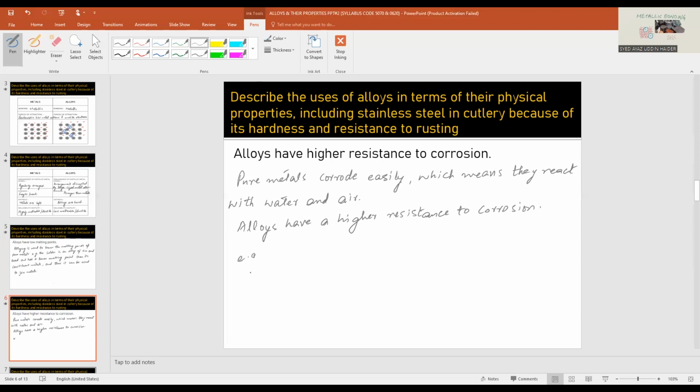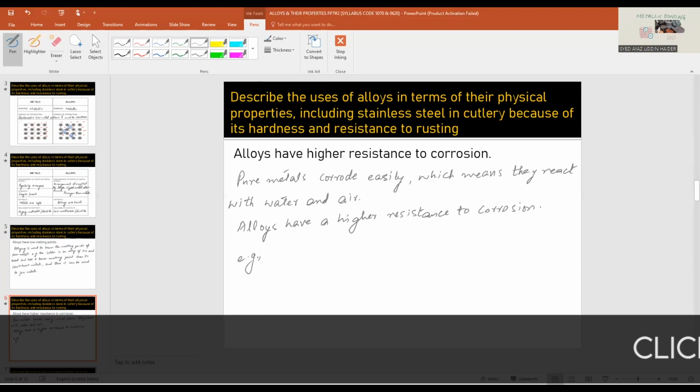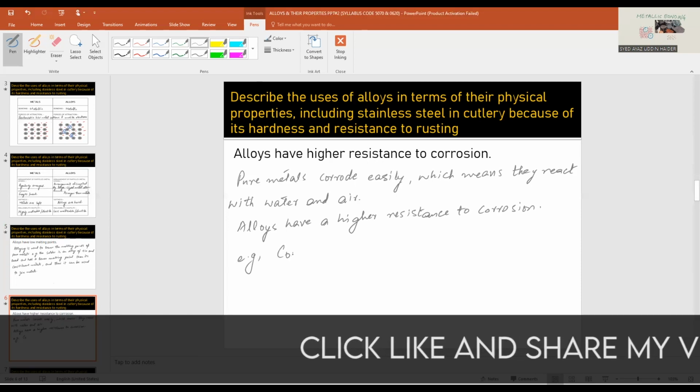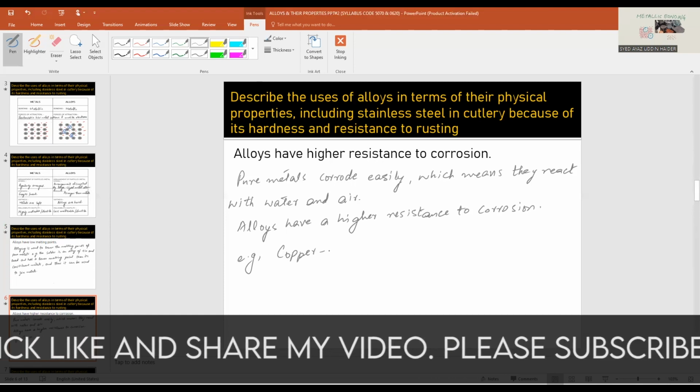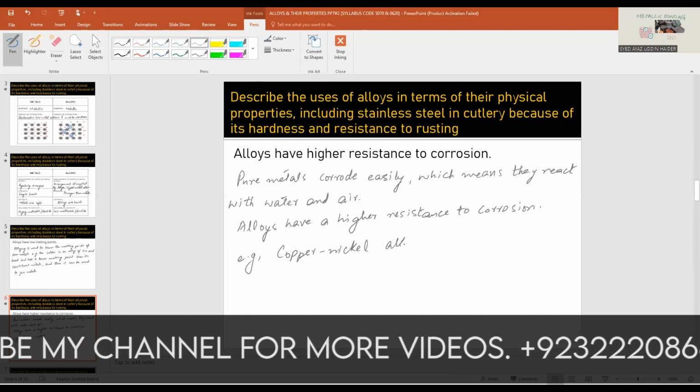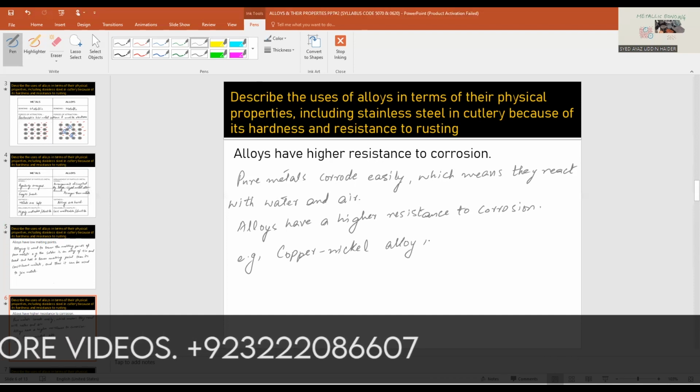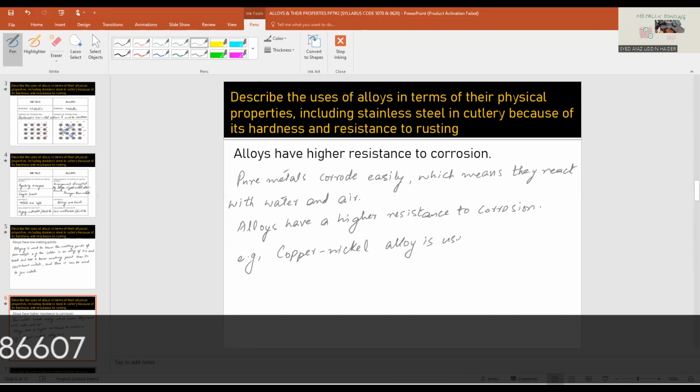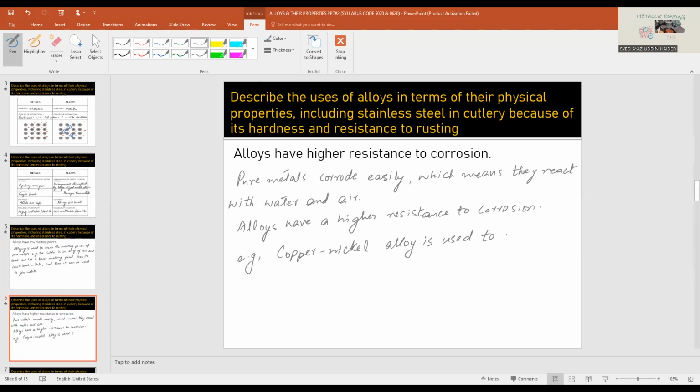For example, copper nickel alloy is used to make coins instead of pure copper.